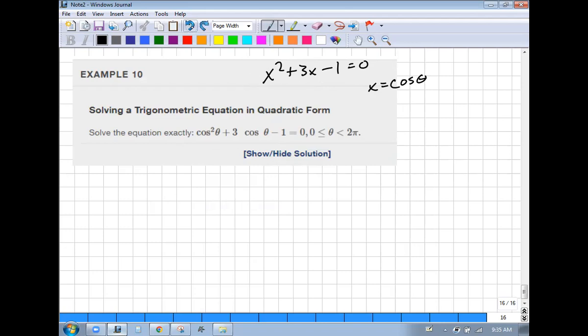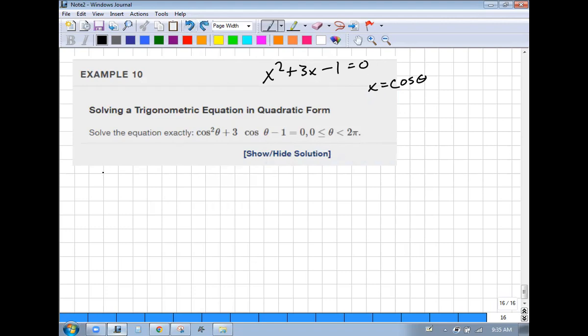Y'all are used to solving, y'all know how to solve for x, right? So first off, forget that it's trig. Just solve for x. Solve for what cosine of theta is, because if you can turn this into cosine theta equals a number, then you can solve this, right?